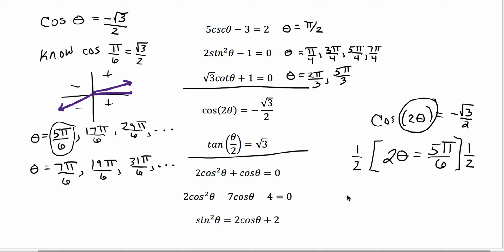All right, so what that gives me is my first true answer to the problem. So that's going to be 5 pi over 12. Okay, and then remember that if you multiplied the first answer by 1/2, you're going to multiply all of the answers by 1/2. So I'm going to come back over here to where I had this list of solutions, and I'm going to multiply each one of these by 1/2.